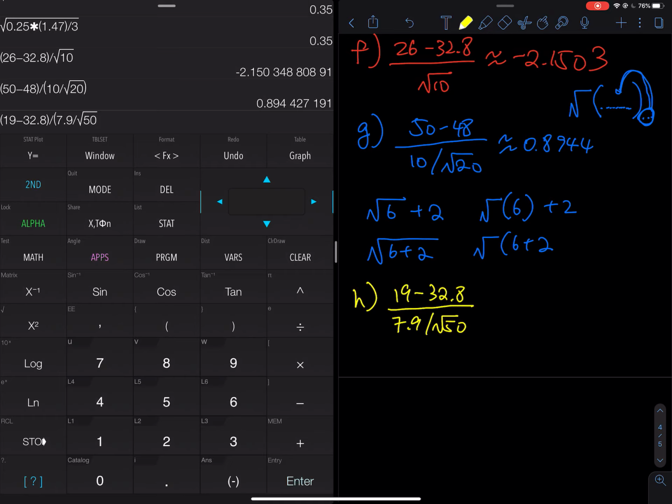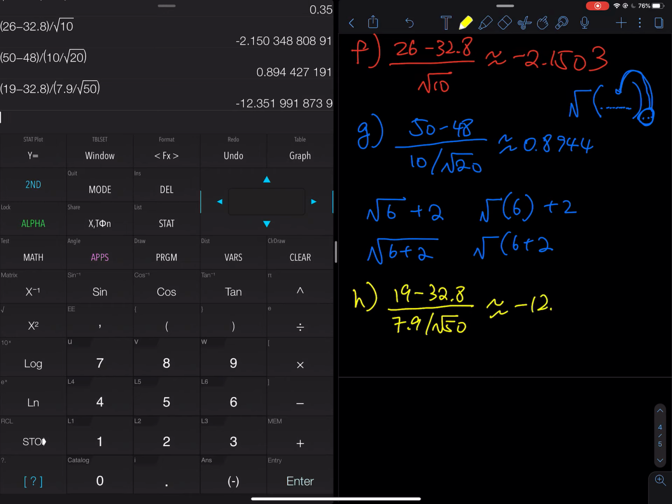Remember, when you do square root on your graphing calculator, close the parenthesis. Negative 12.3519, right? But you add 1 to the 9, so that will be a 19 to a 20. So that is H, and then we have I.